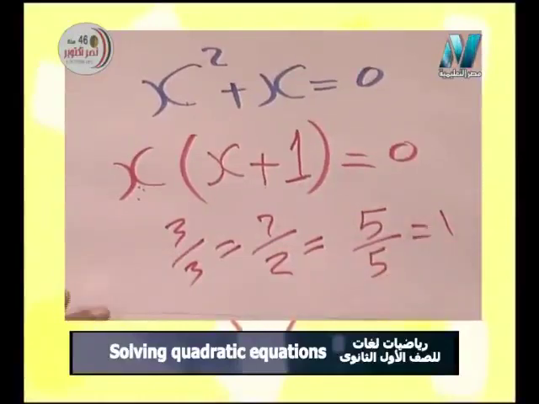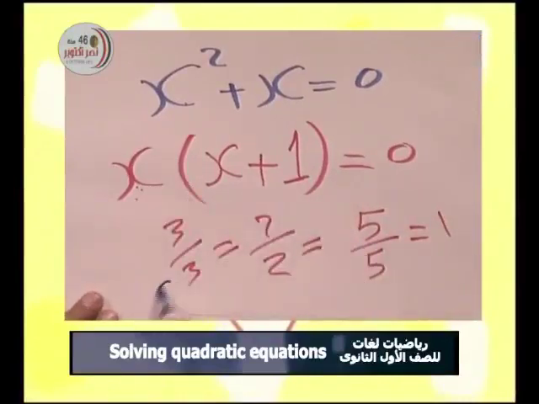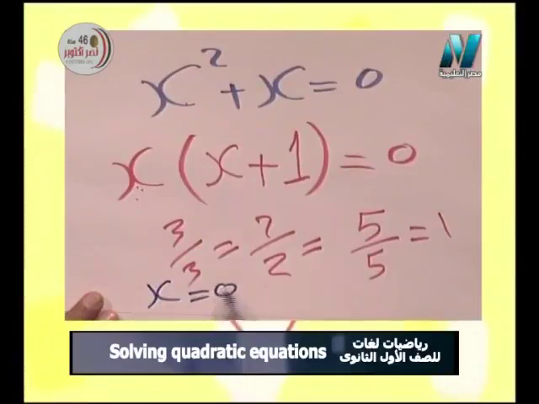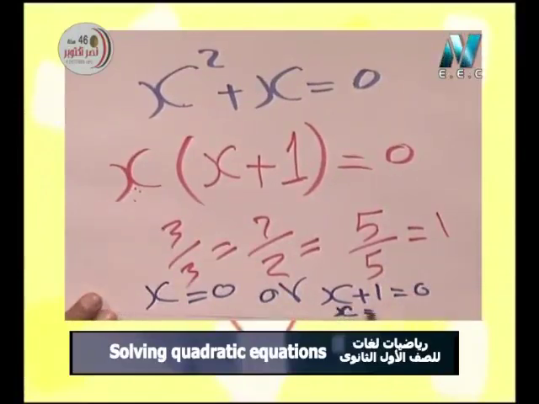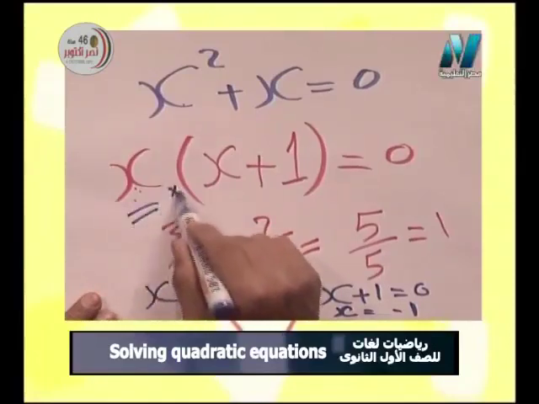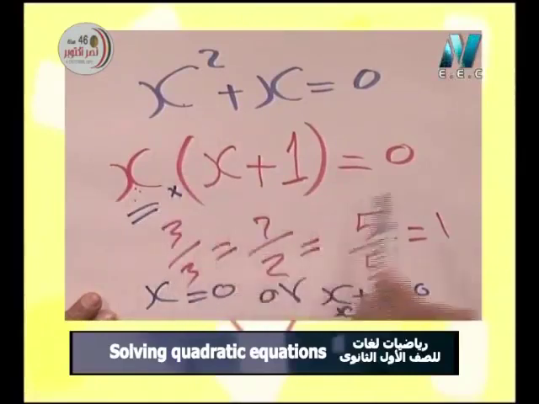And we try to find the solution set. We have two numbers, x and x plus 1. x equals 0 or x plus 1 equals 0. So x here equals negative 1, because x multiplied by this bracket, we have two numbers, and their multiplication equals 0.